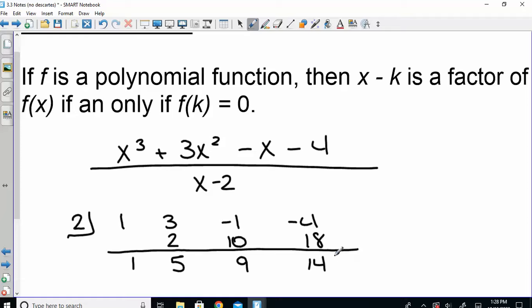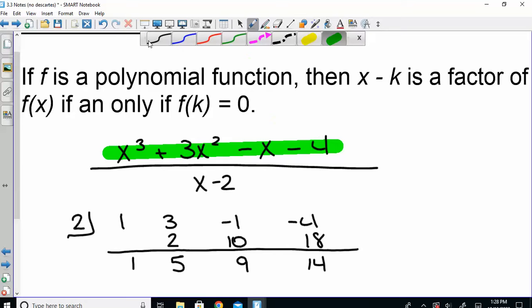All right, I want you to do something for me. Grab a calculator. And I want you to plug 2 into this original polynomial. So, replace all of your x's with 2's.